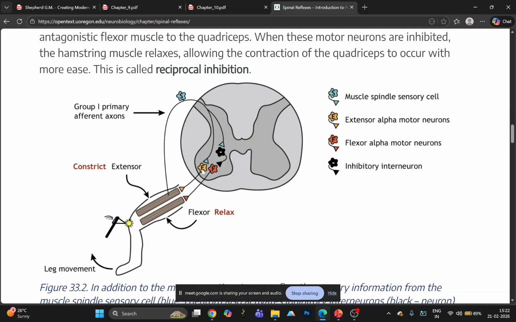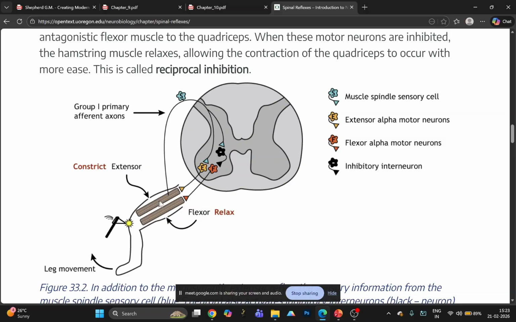And then they synapse with the motor neuron for the contraction of the quadriceps muscle. But there is also this other muscle that is an antagonist, right? We know that there is an agonist and an antagonist. There are always two sets of muscles present. The antagonist of the quadriceps is the hamstring. So the one over here, this is the hamstring. It is the antagonist of the quadriceps.